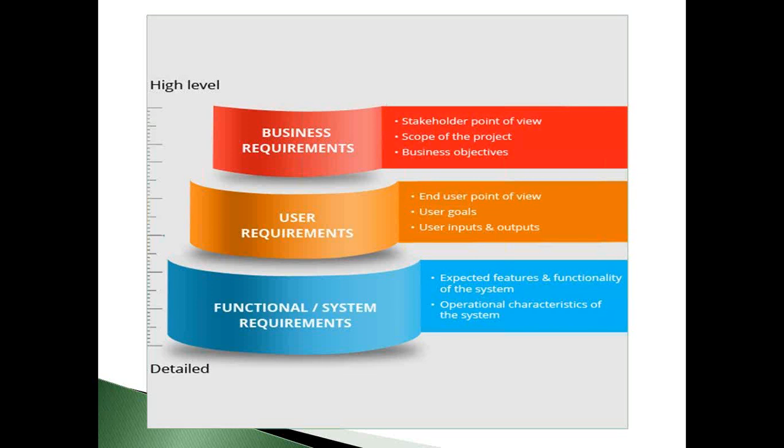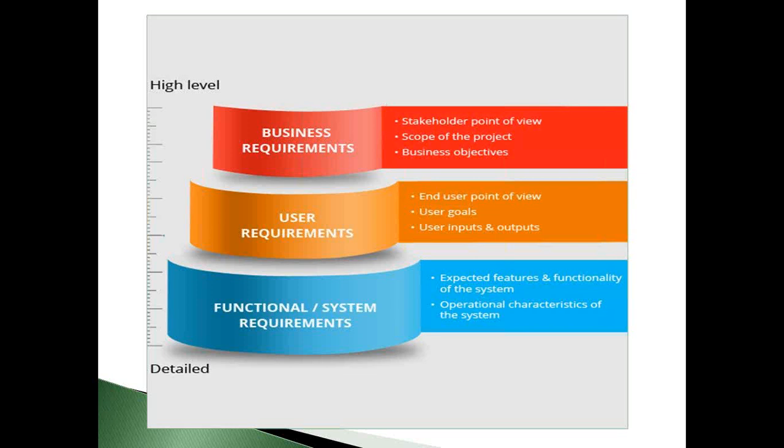Whereas with the user requirements, we keep the user in mind. In the business requirements, we have chosen the stakeholder as the main identity, and we are analyzing things only from the perspective of the stakeholder.